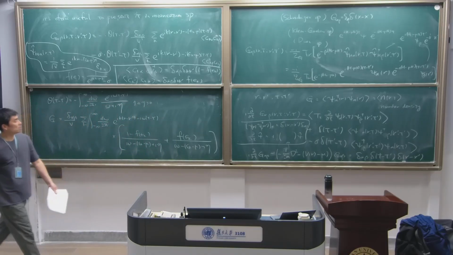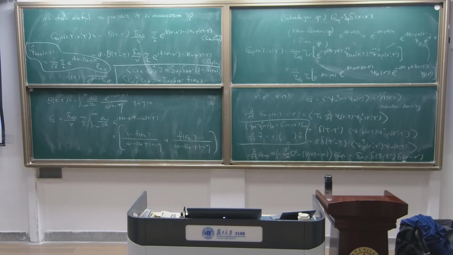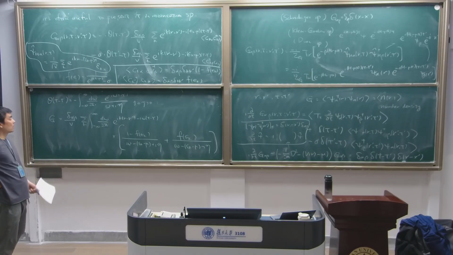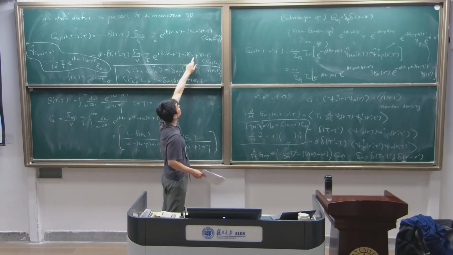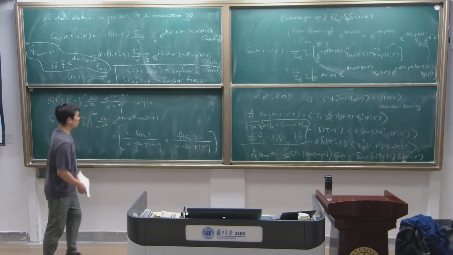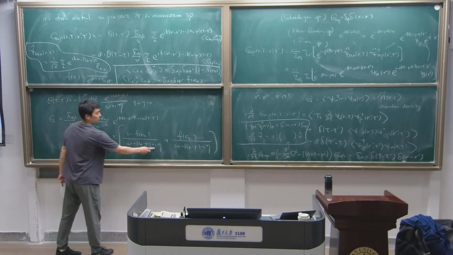Okay, is it okay? Here I shift. Since in the presence of e to the minus iωτ, it's ε minus μ and so on, it's better to shift omega from this variable to this variable.